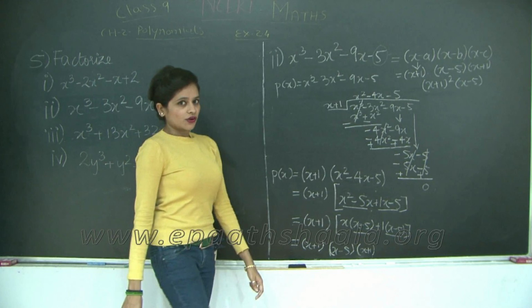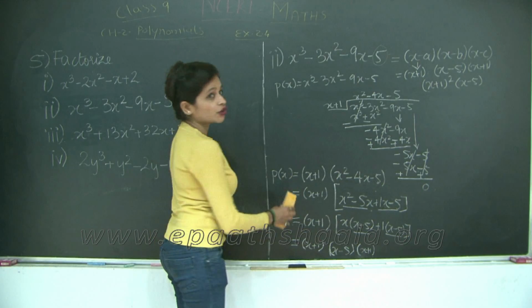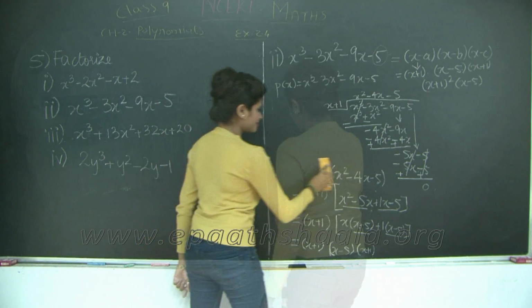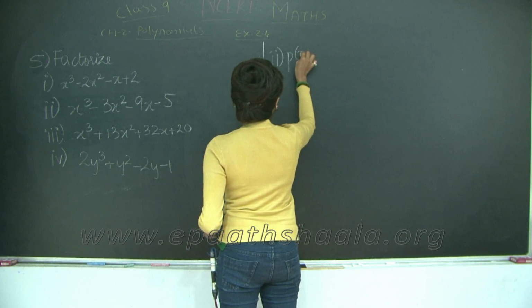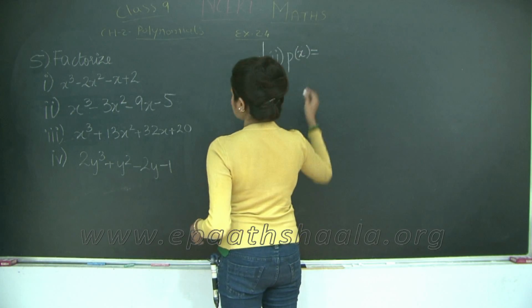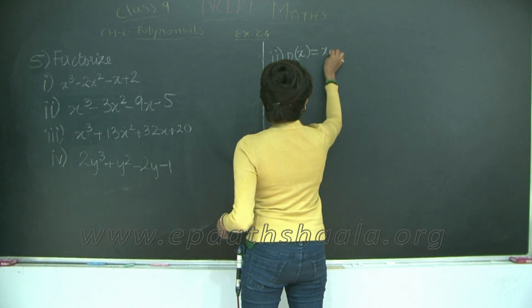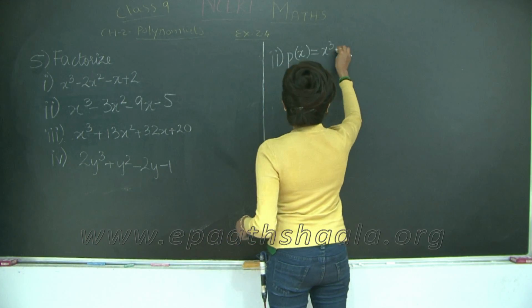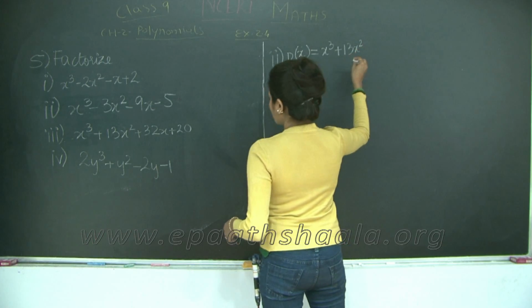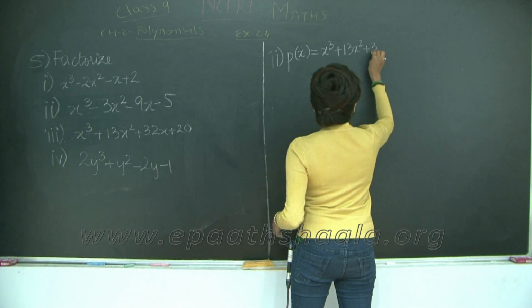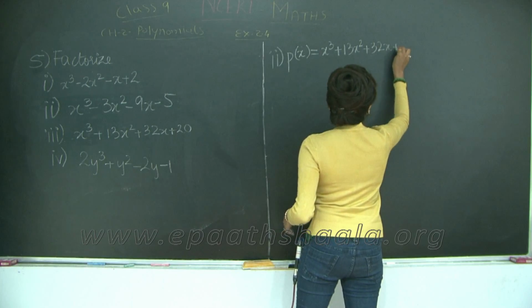Now let us go ahead and solve the third question. I'm just naming the polynomial from the start. P(x) is equal to x cube plus 13x square plus 32x plus 20.